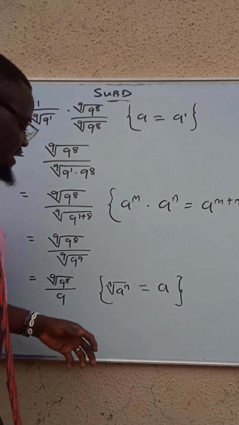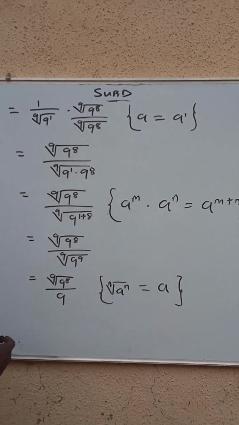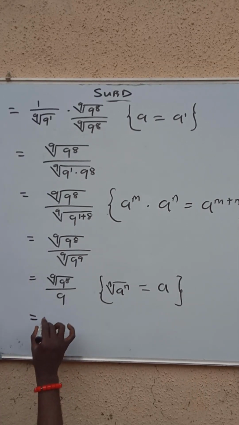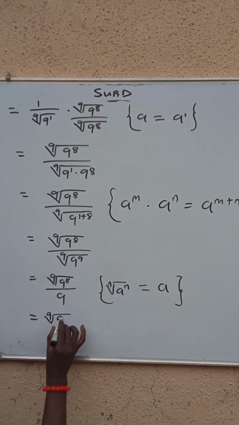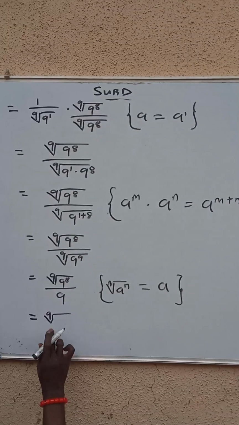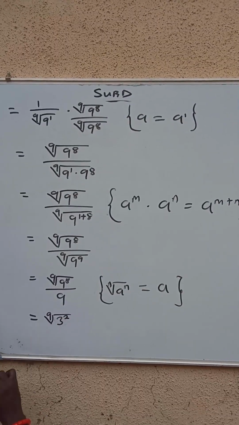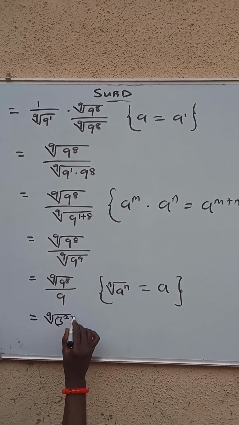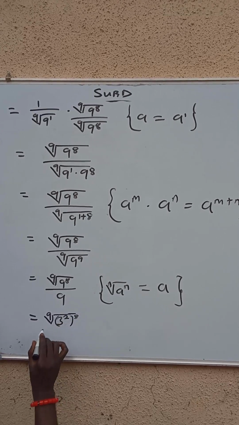But now that it's like this, I want you to do it because you have to take this. Let me just run on it. So this will give me the ninth root of 3 raised to the power of 2, raised to the power of 8 over 9.